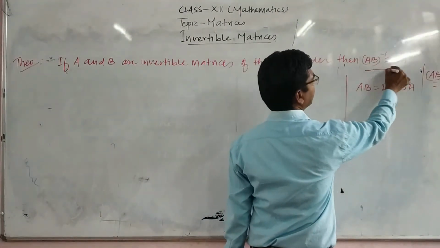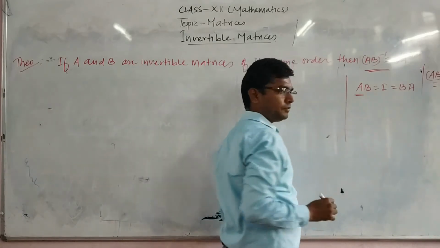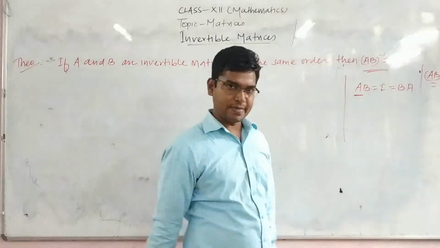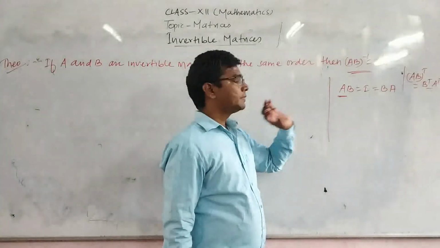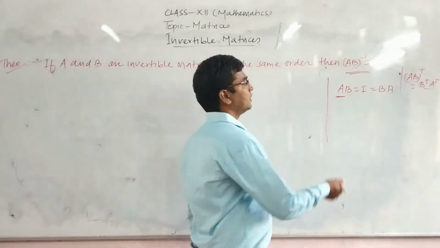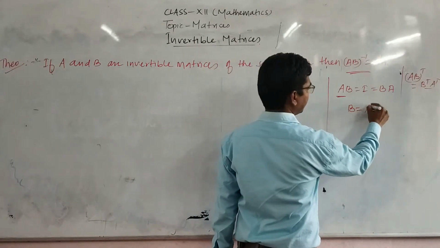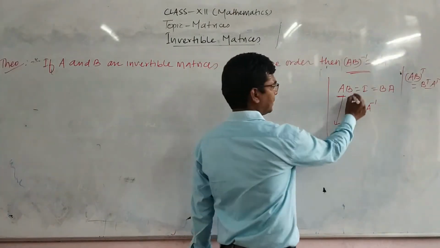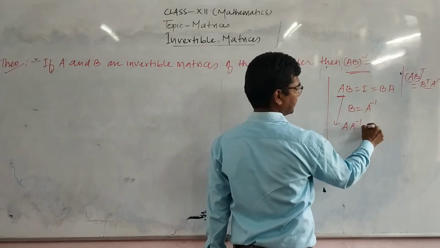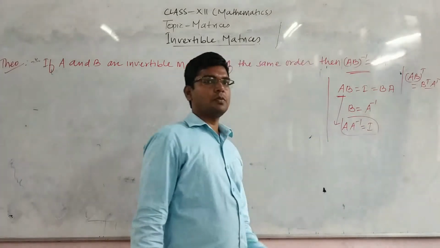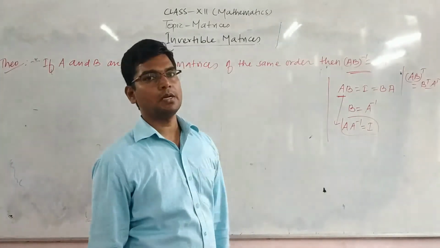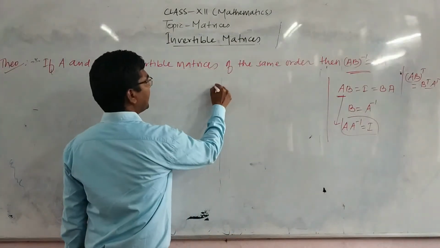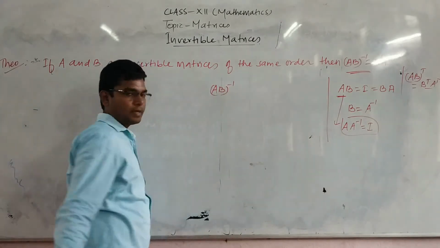Because if AB is equal to BA is equal to identity matrix, it means B is the inverse of A or A is the inverse of B. So in that case, we can express this result as: A into A inverse will be identity matrix, or A inverse into A will also be an identity matrix. Yes?